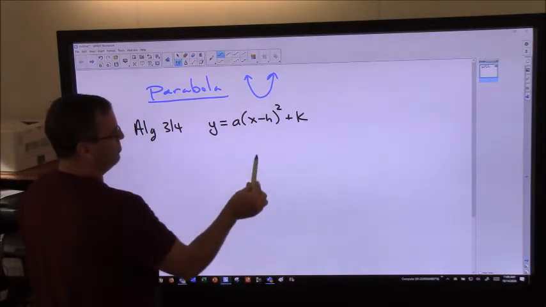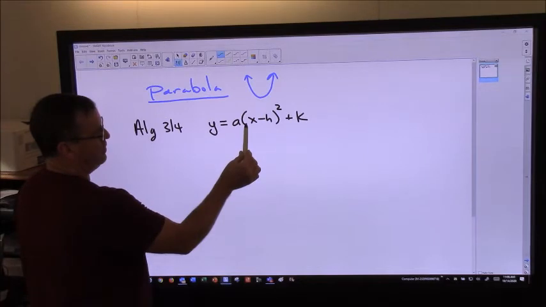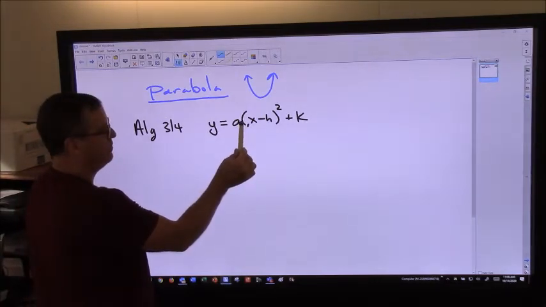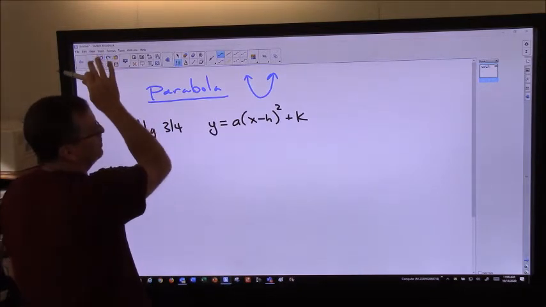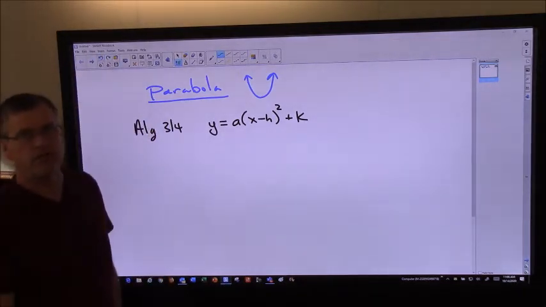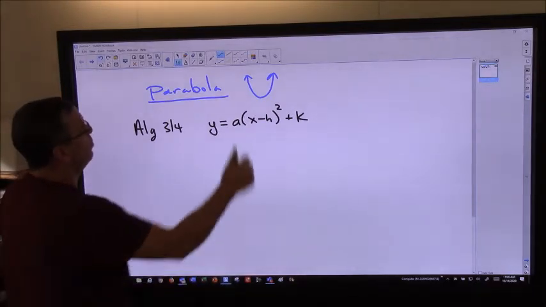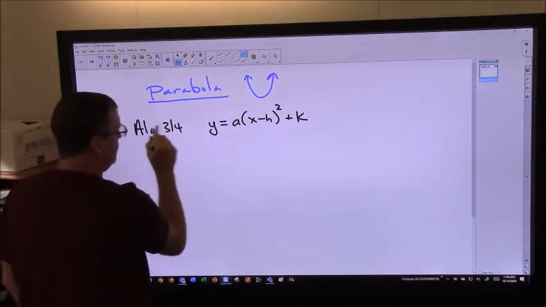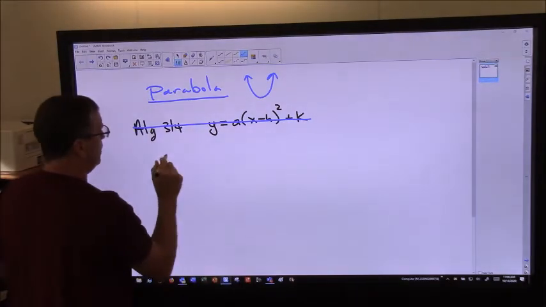The one thing that your book did not do last year is put numbers in front of the x variable. We didn't have a coefficient for that x. And so this year we want to stick that in there. So I'm going to change this just a little bit.